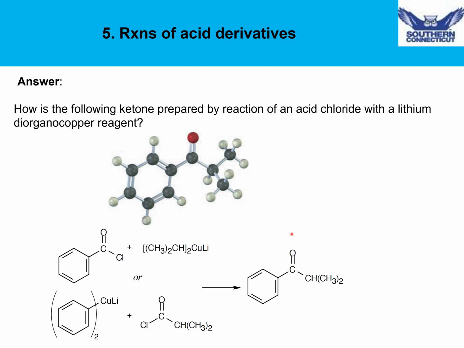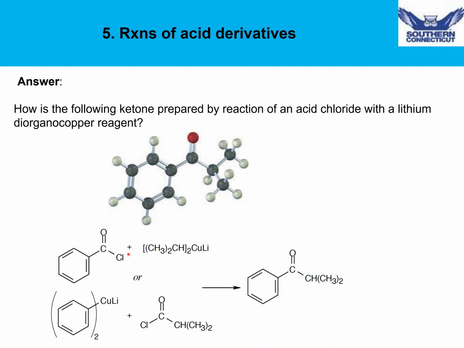And with the Gilman reagent and an acid chloride reaction, we actually have 2 options here. We can have the Gilman reagent provide the phenyl ring, or it can provide the isopropyl group, which means the acid chloride can already have an existing phenyl ring or an isopropyl group on it.